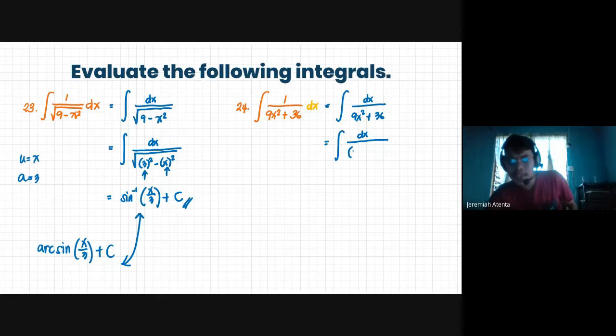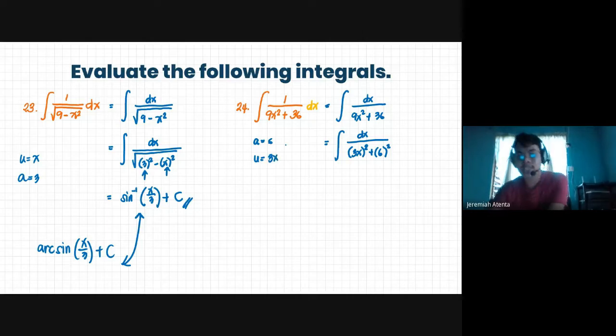That is just 3x, right? So this is 3x to the power of 2, right? Ayan. And we have plus 36 is just 6 squared. Okay? So therefore, from here, our A is equal to 6. Okay? And our U is equal to 3x.